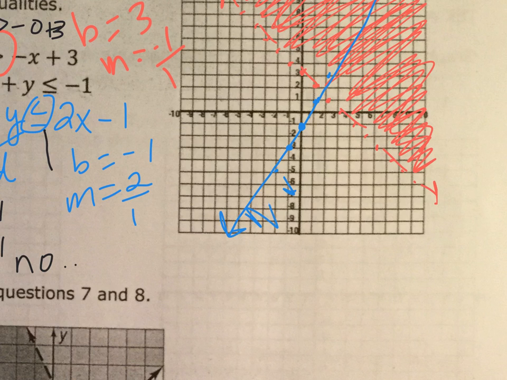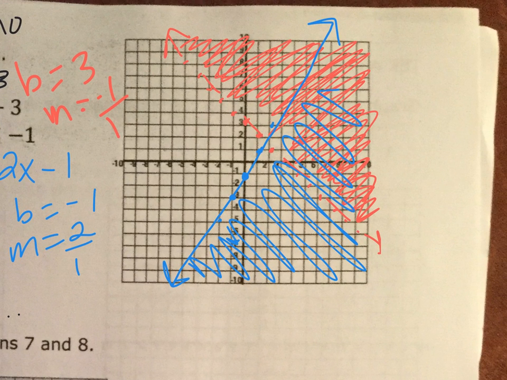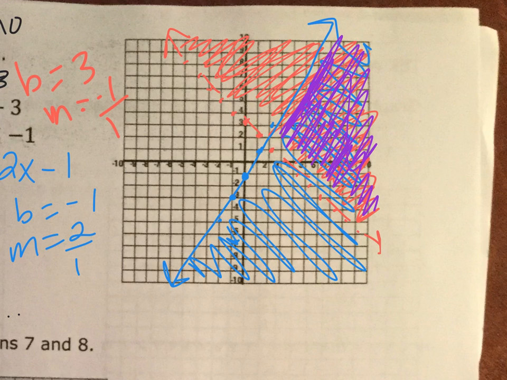So yes, that is this side. So we shade that in, and it's going to overlap this here. Hang on here. So our solution is where they're overlapping. So our solution is right in here, where blue and red make purple. So that's your solution set right in there.